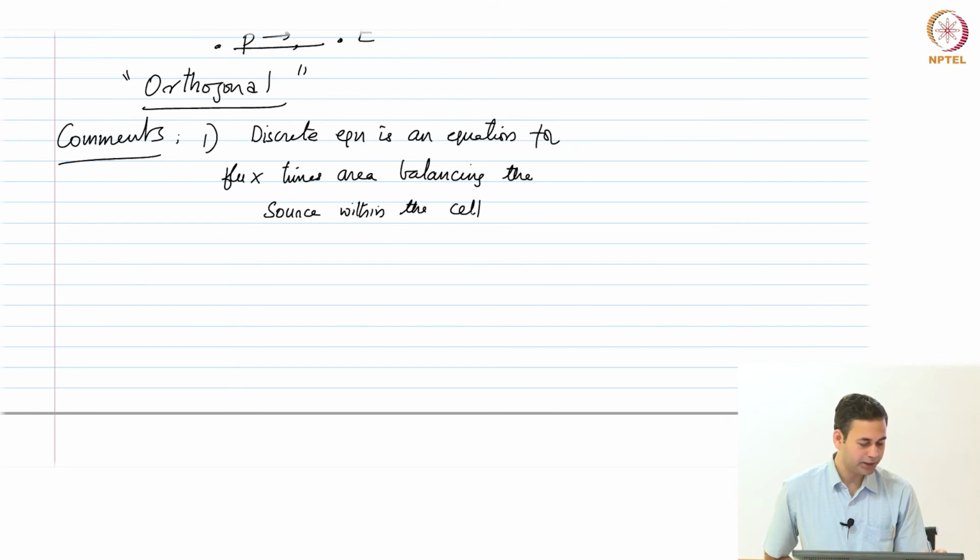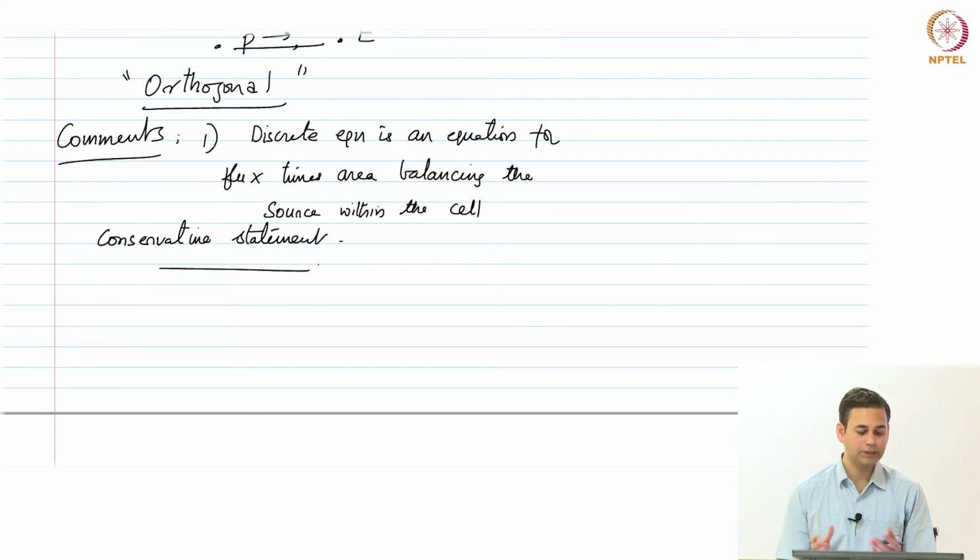So, this equation is a conservative statement, or a statement of conservation, which tells us whatever is leaving or entering through the faces is balanced by whatever is generated within the cell. So, that is something that we need to look at.